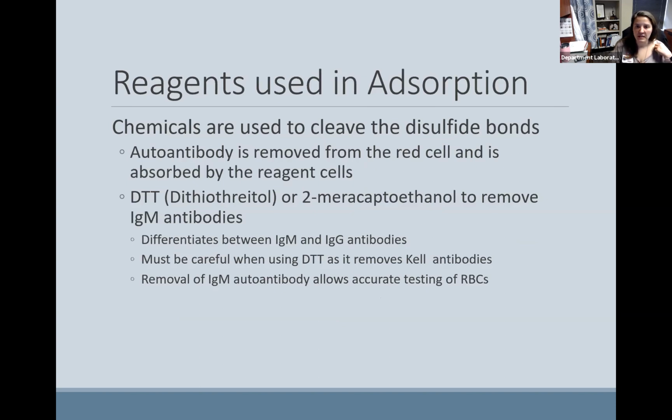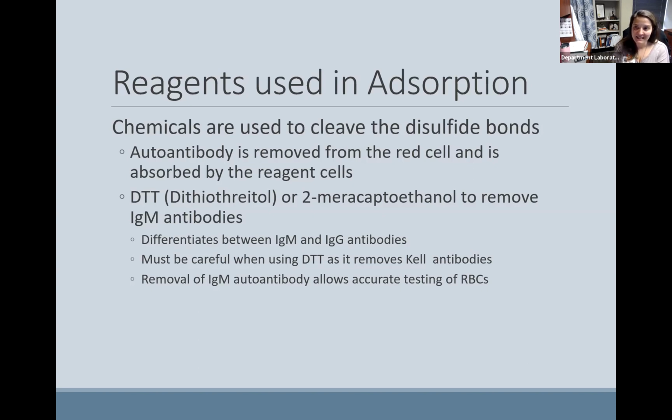So for the reagents used in the absorption treatment, we want to use chemicals. We want to break up that disulfide bond. So we will treat the patient red cells with DTT, and again, we're just breaking up those bonds. We are able to break up those bonds, dissociating the autoantibody from the red cells. And then we can use those autoantibody-free red cells, mix them back with patient plasma where the autoantibody is.